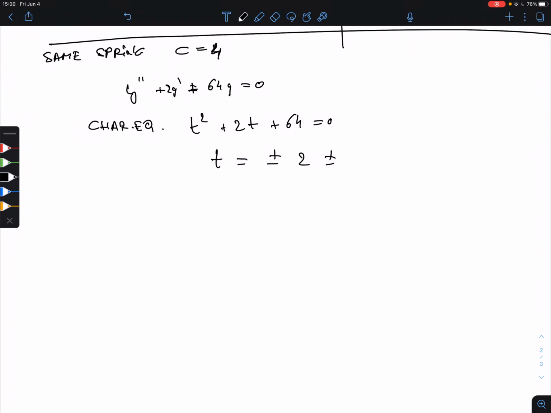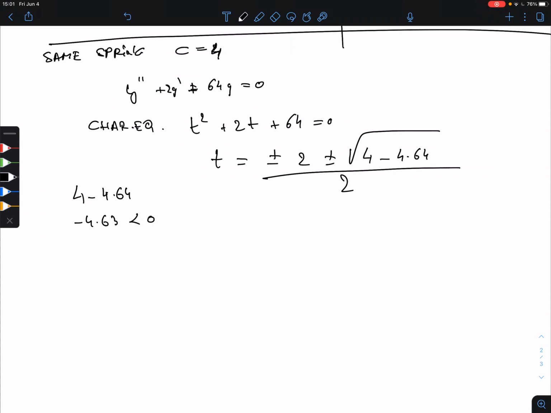That is minus 4 plus or minus the square root of 16 minus 4 times 64, divided by 2. And 16 minus 4 times 64 is negative, so the discriminant is negative.